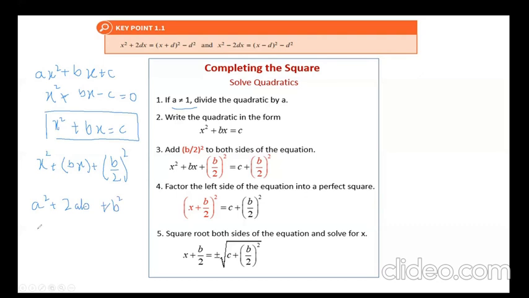In this case, a is x. And what about b? b is b by 2, because the answer is bx, which is given. So 2 and 2 cancel out, so the value of b is b by 2 whole square.